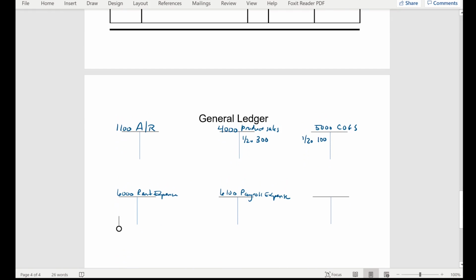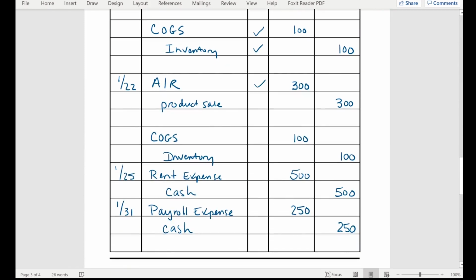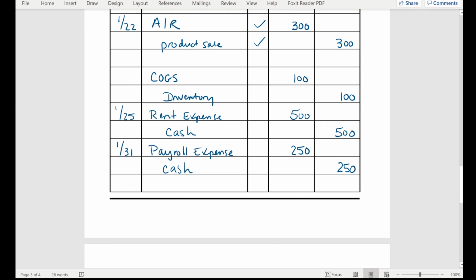So we're going to come down here, put in the date, and then we're going to debit accounts receivable, and then we're going to come over to product sales, put in the date, and we're going to credit the product sales. So we've got the first part of that taken care of. Now we have to do that COGS where we debit for $100 and then we credit inventory for $100.